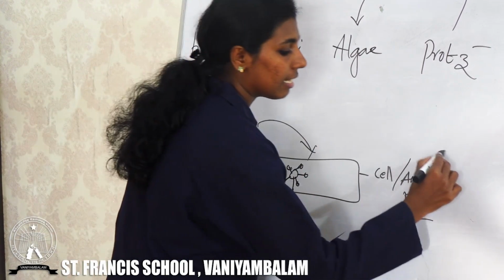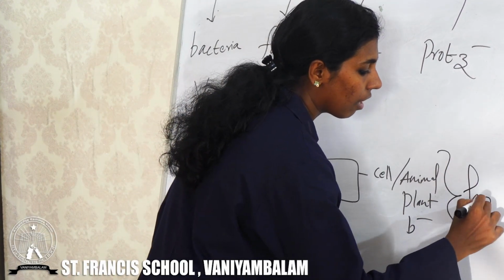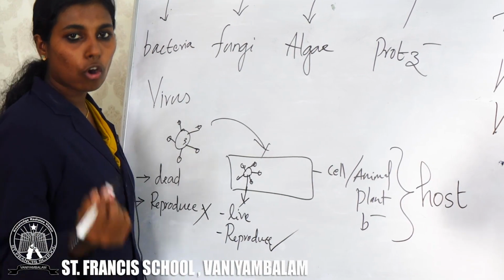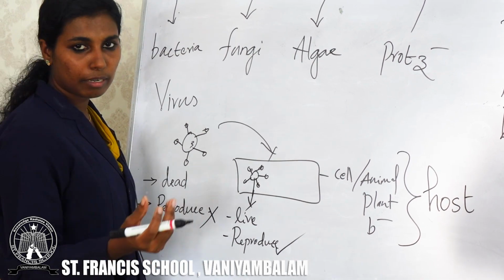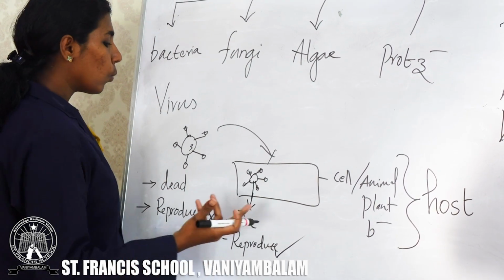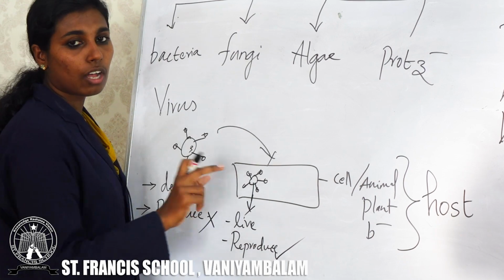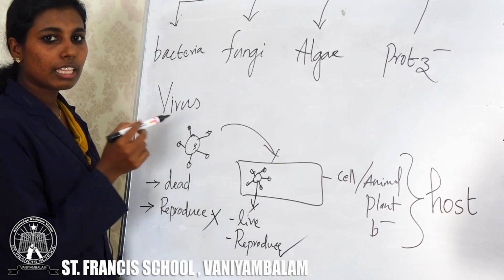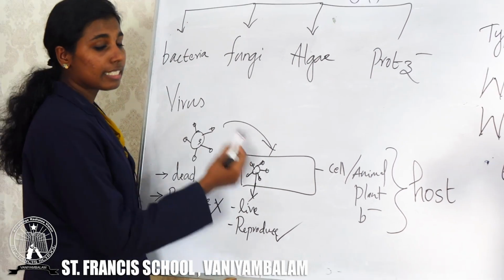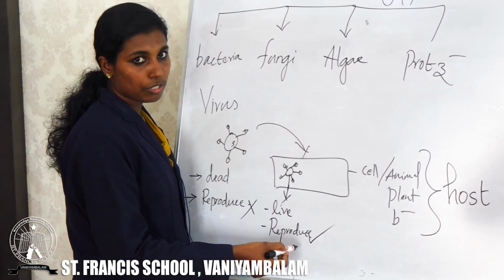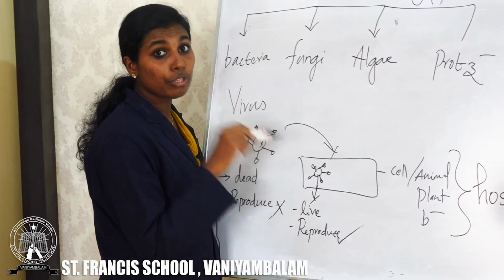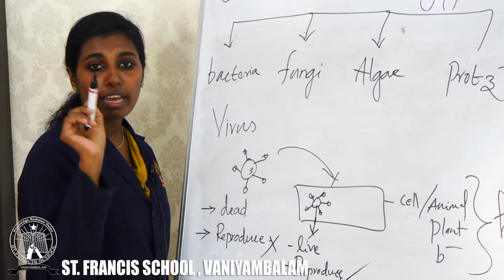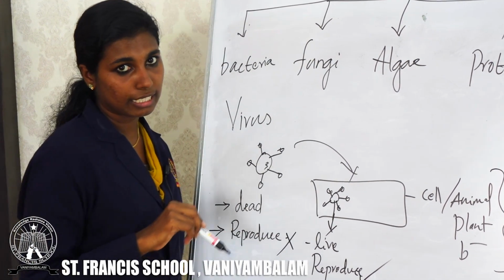Anyway, this cell is called the host cell. Host cell means any cell which helps the entry of the virus. Outside the cell, the virus cannot reproduce. Inside the cell, the virus can reproduce. So, due to this speciality, the virus is not included in this category. Virus is also a microorganism.